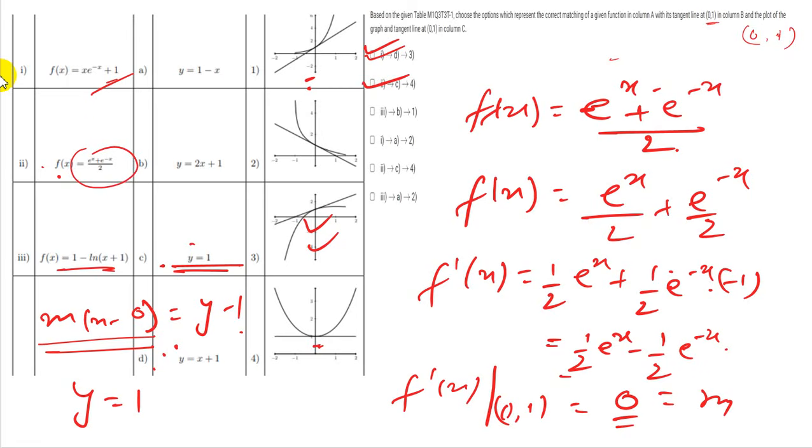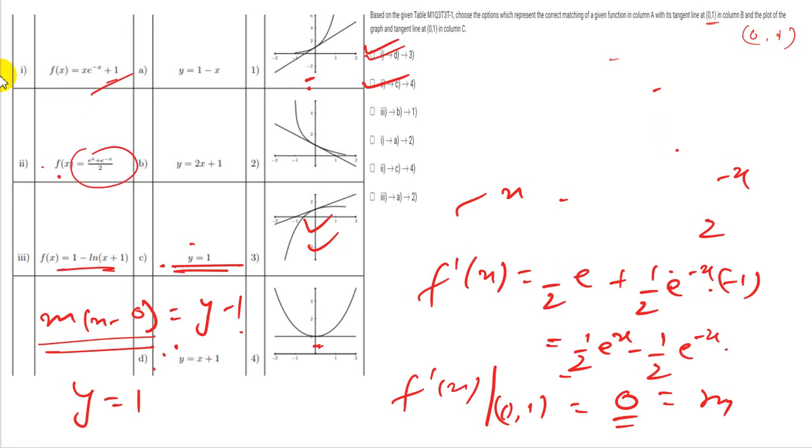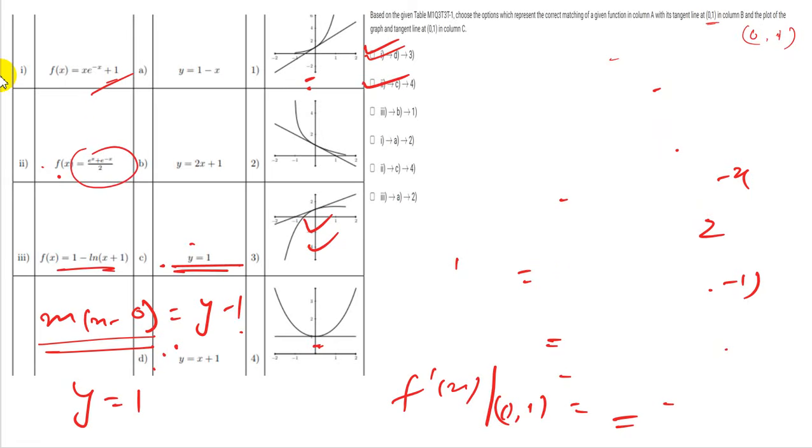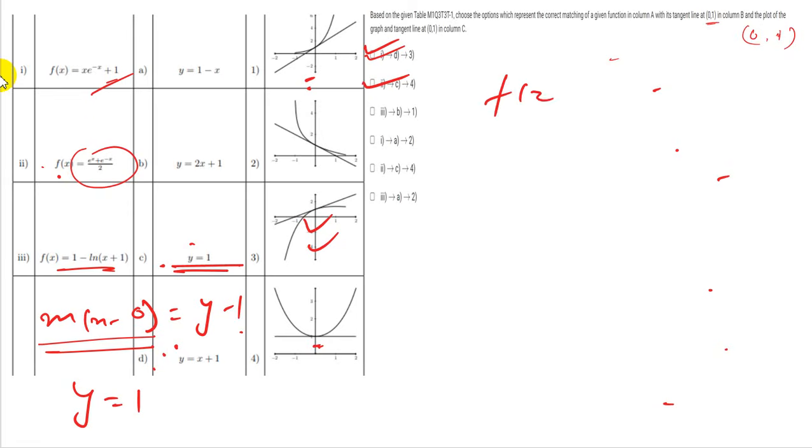So again we are checking for the other function. Yeah, so the function is f(x) = 1 - ln(x + 1).